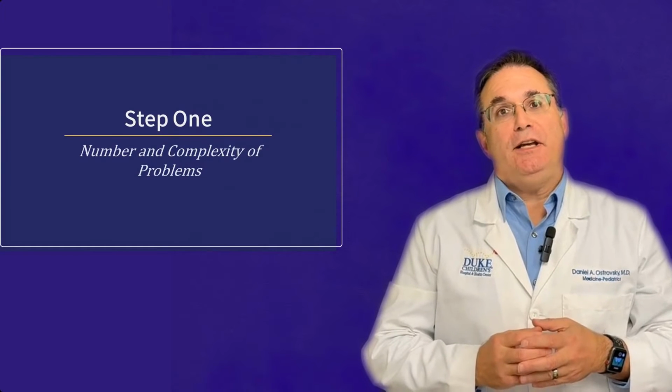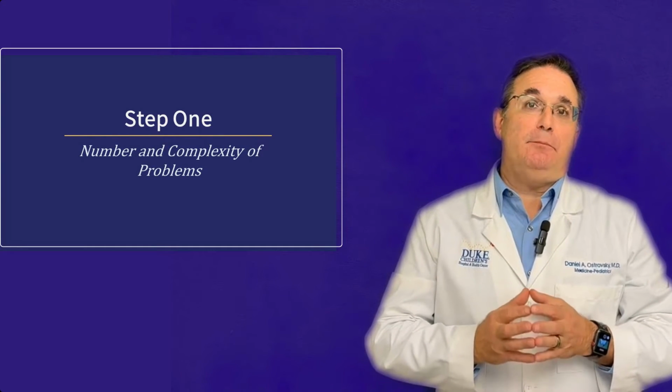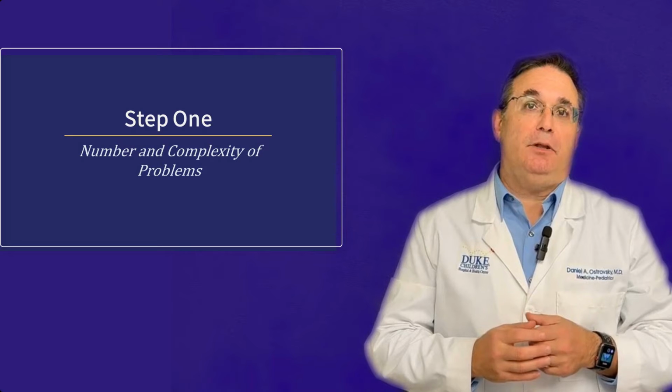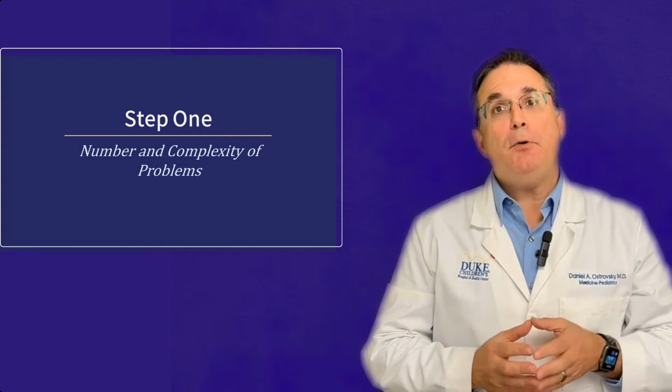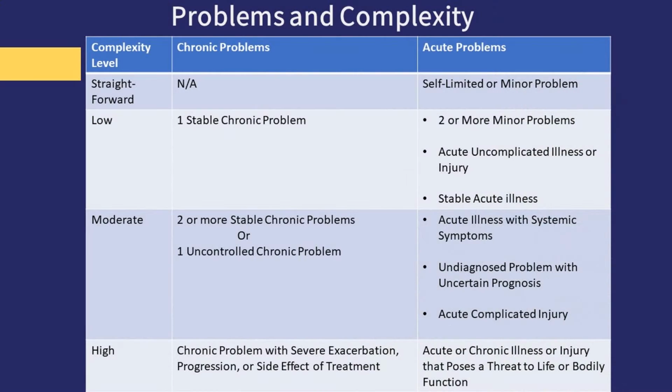Step 1 in choosing a level of service involves assigning a complexity level to the number and complexity of problems addressed during the encounter. The number and complexity of problems is best understood by breaking the problems addressed into acute versus chronic when trying to assign a level. For chronic problems, the progression from lowest level to the highest is logical.